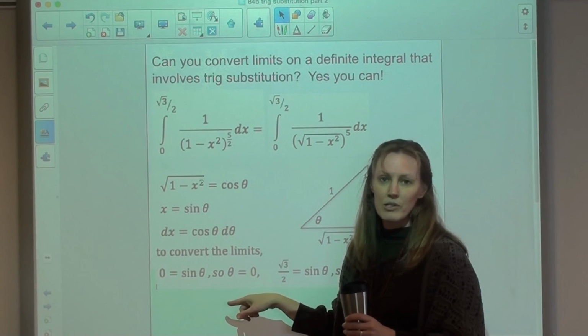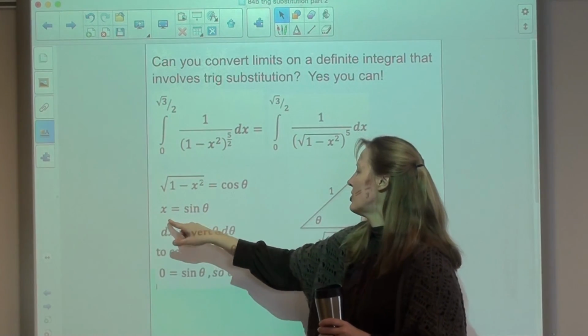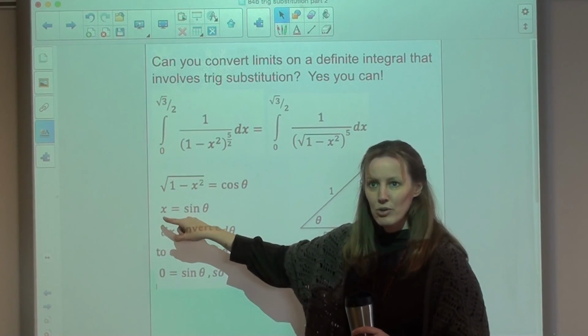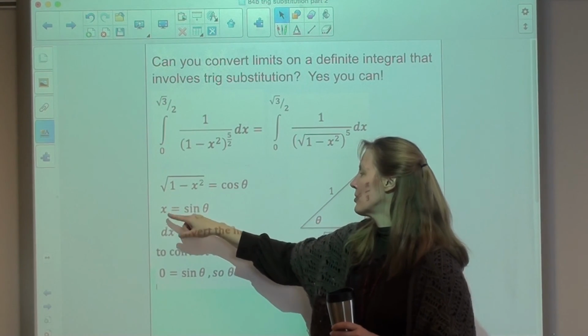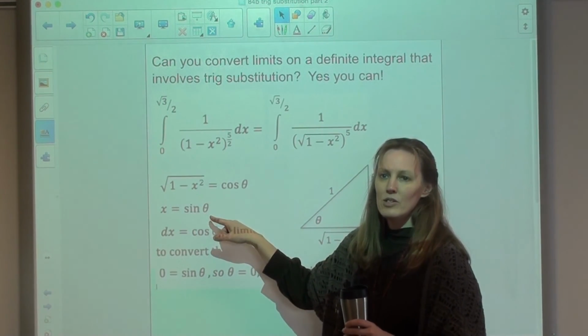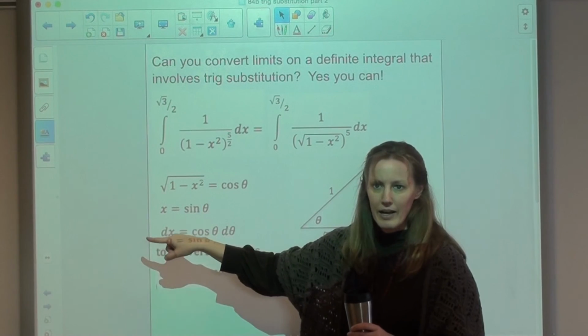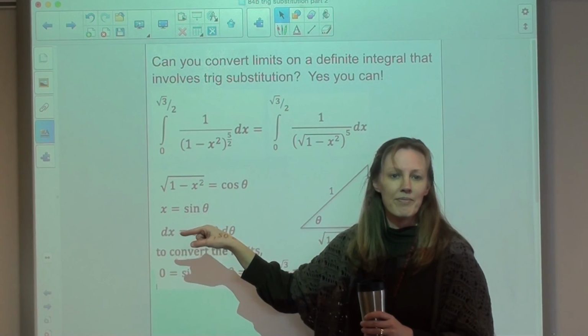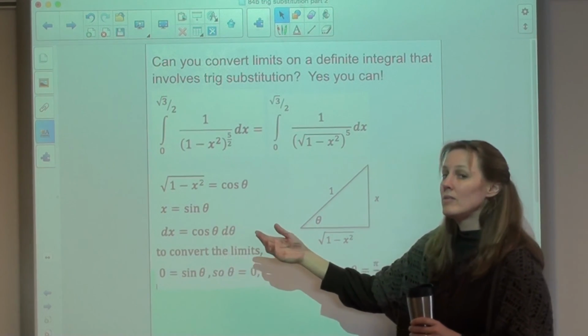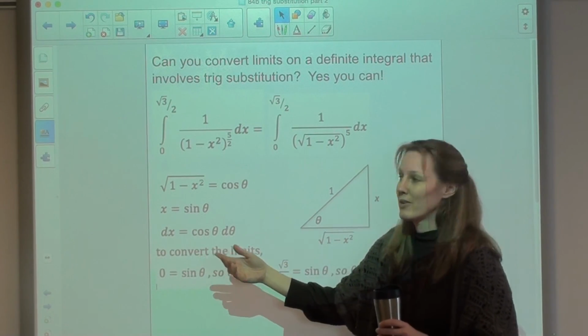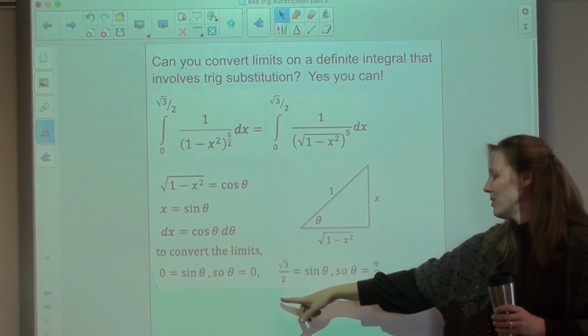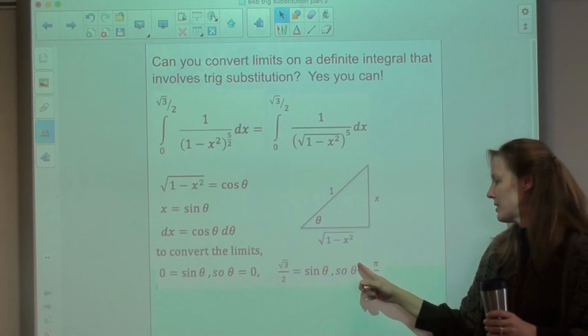It's just 0 to 0. Root 3 over 2. If x is root 3 over 2, that means root 3 over 2 is the sine of theta. So what angle has a sine of root 3 over 2? Pi over 3. Pi thirds, good. So if root 3 over 2 equals sine theta, that means theta has to be pi over 3.